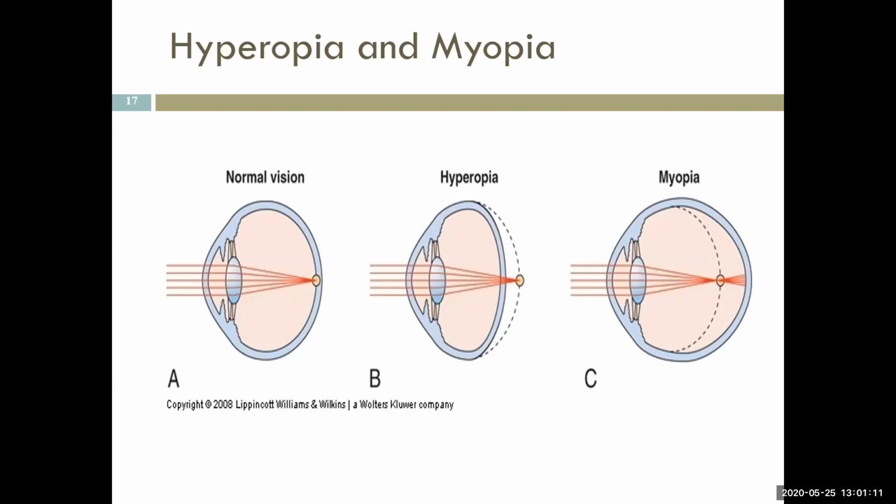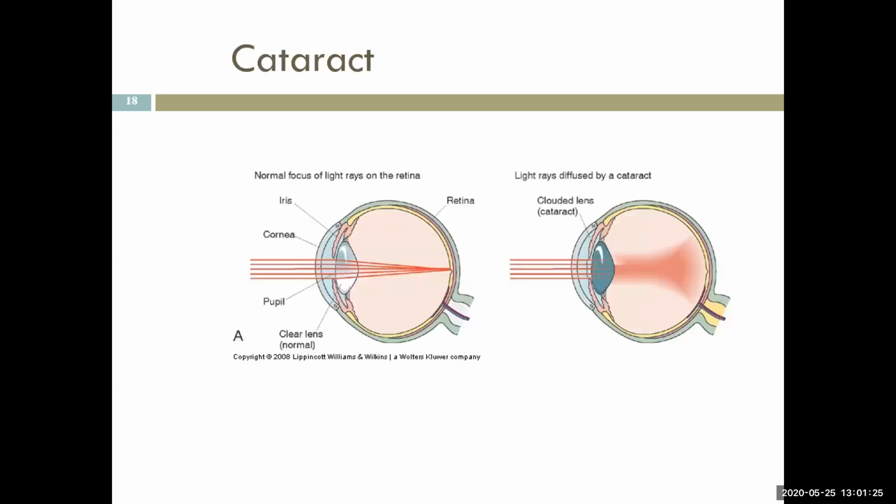This picture here kind of gives you an idea of how the sight is going through the cornea when you have farsightedness and nearsightedness, so hyperopia and then myopia. When a person has hyperopia, the close things are blurry, and with myopia, distance is blurry.